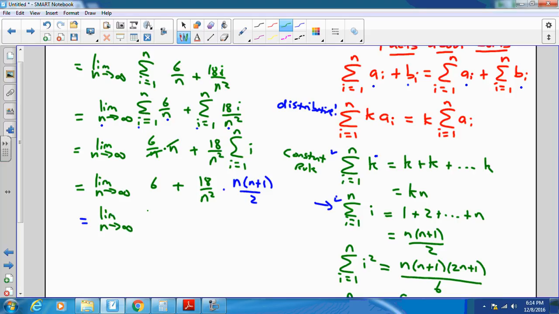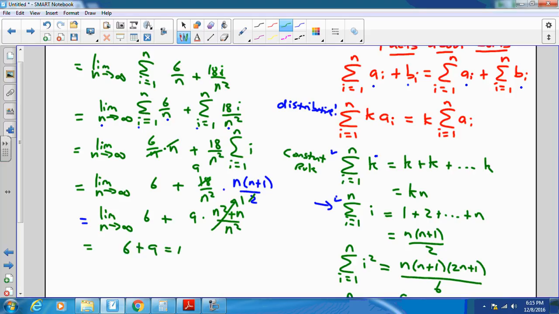Well, this is actually pretty convenient because at this point I've gotten to a limit that I know how to evaluate pretty well. That's 6 plus, now 18 over 2 would be 9. 9 times n plus 1 would be n squared plus n, all over n squared.